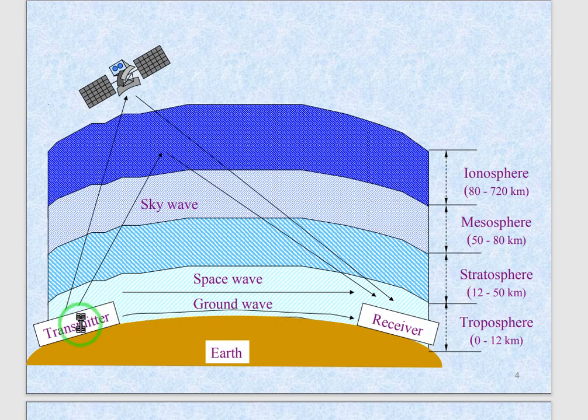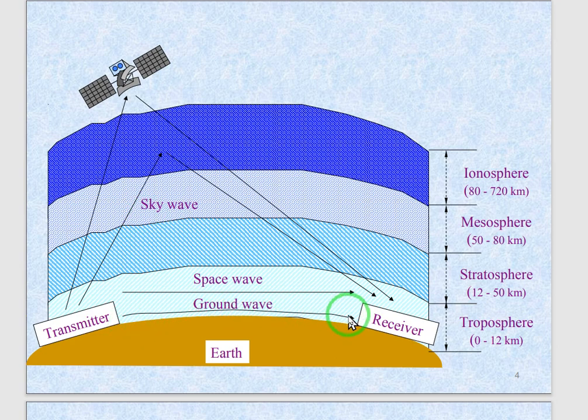The first, very near to the earth or the ground, is the ground wave. The second one, just above in the atmosphere, around the troposphere layer, is called the space wave propagation. And the last but not the least is the sky wave propagation.